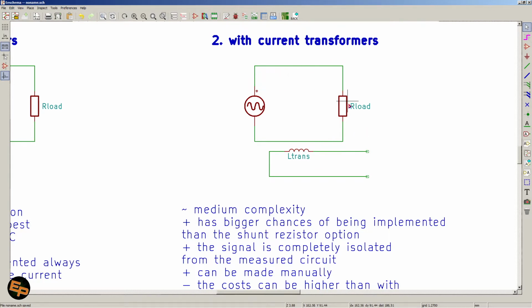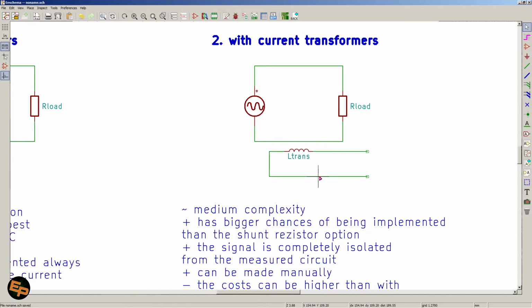The idea is that, according to electromagnetism, an alternating current that flows will generate an electromagnetic field that can induce another voltage in another coil, another inductance, right?